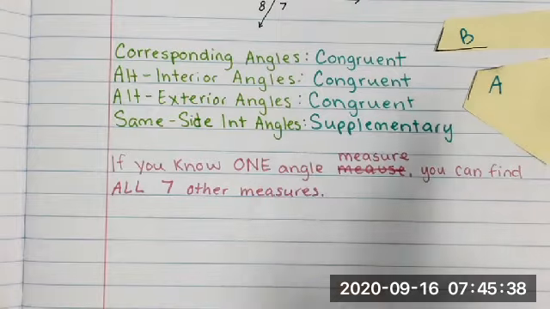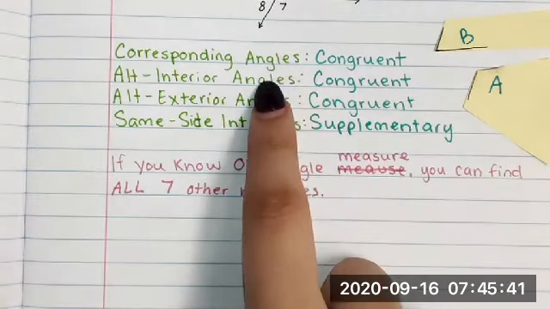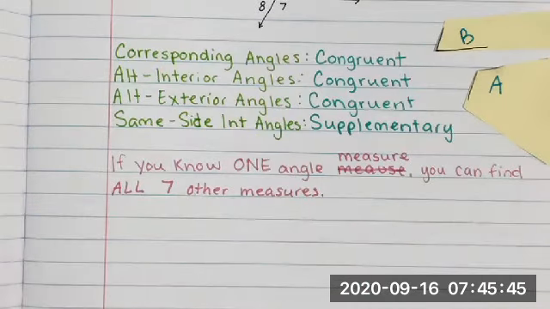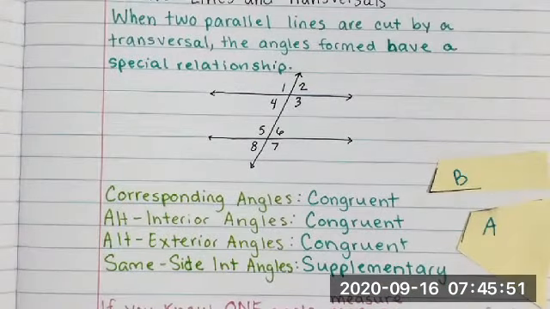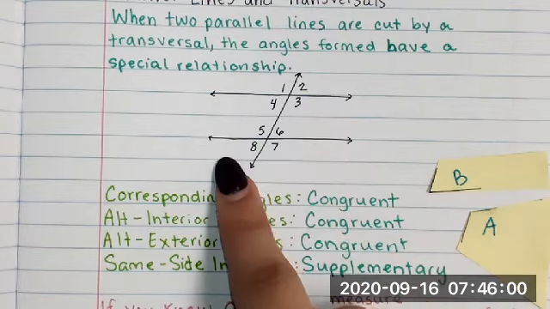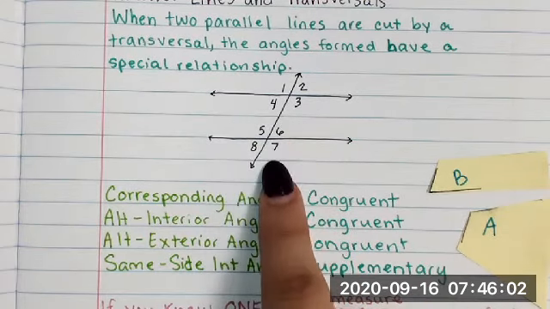And then all of B's corresponding, alternate interior, and alternate exterior angles would be congruent, and they would be 60 degrees. So every single measure of this up here would be either 120 or 60 degrees. And if you look, all of the acute ones would be 60, and all of the obtuse ones would be 120.